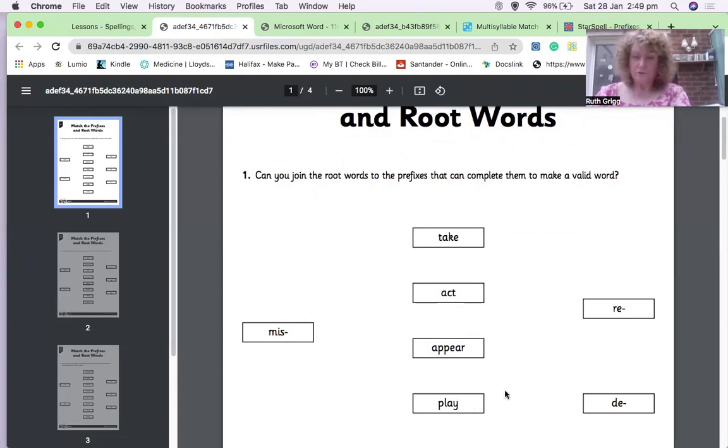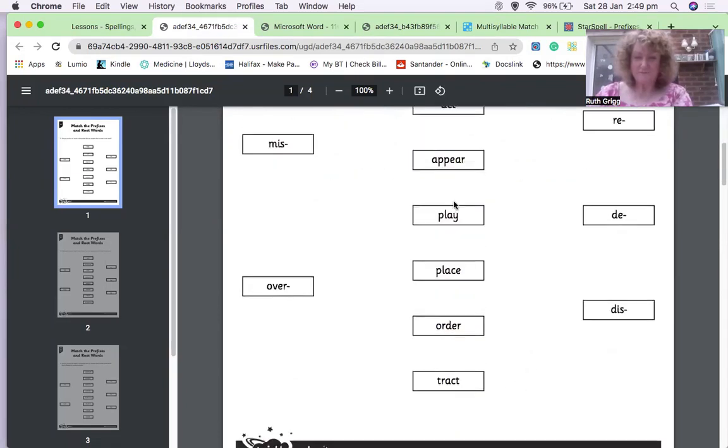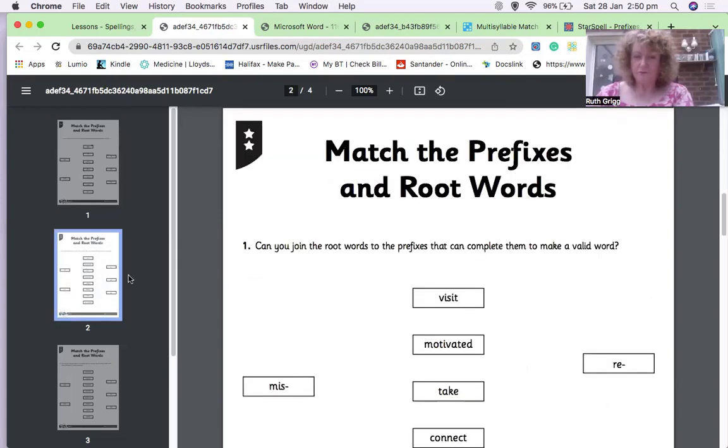Which ones go with which? There's some more down here: over, de, and dis. So I hope you get on with that one, okay? There's another page, match the prefixes and root words again.